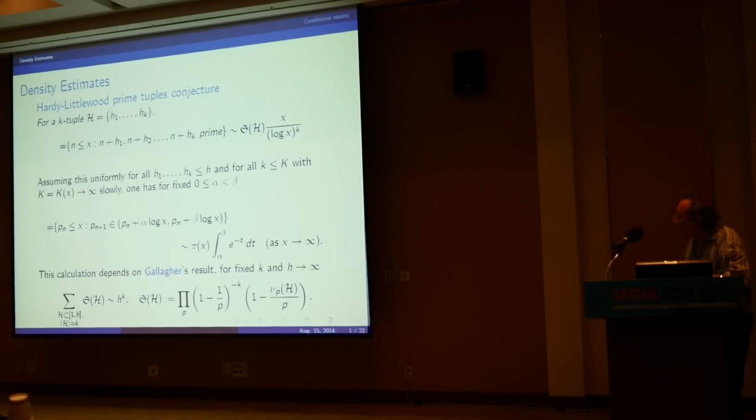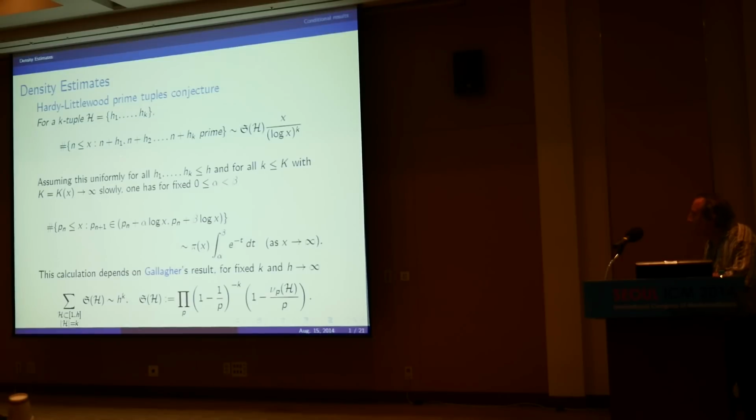It will imply that the number of gaps between consecutive primes up to x, with gap size between alpha log x and beta log x, where alpha and beta are fixed positive real numbers, is given by the total count of primes times a factor involving the integral of e to the minus t between alpha and beta.